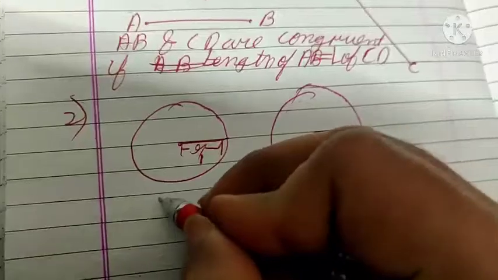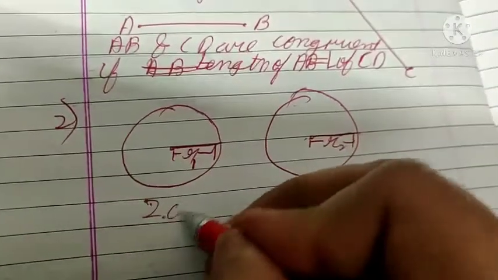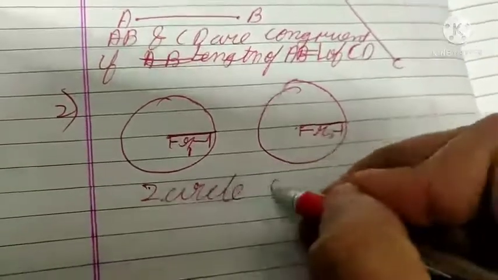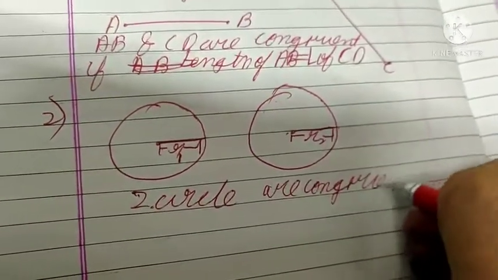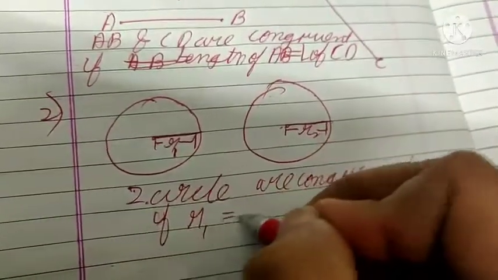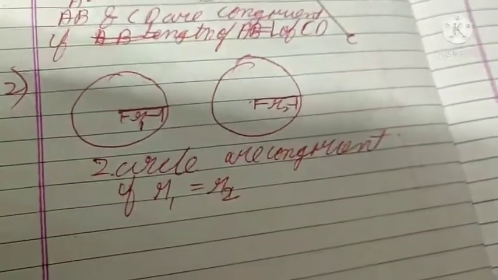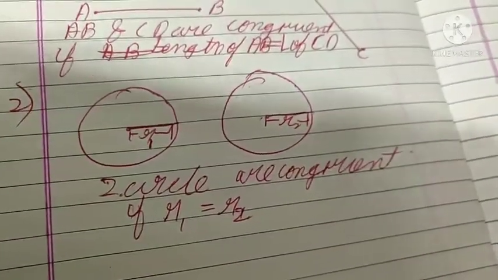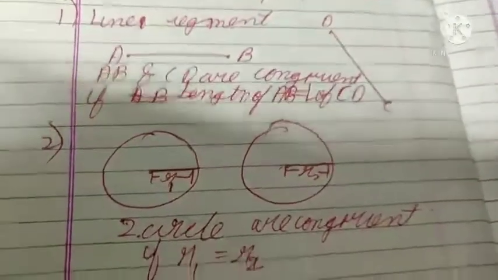Two circles are congruent if R1 equals R2, meaning the radius of 1 is equal to the radius of 2. Okay, two things are congruent if all their parts are equal, all their dimensions are equal.